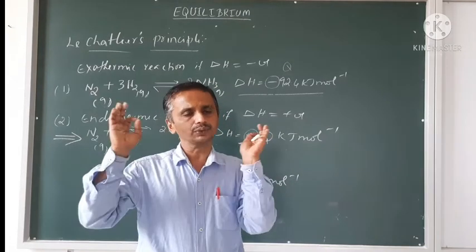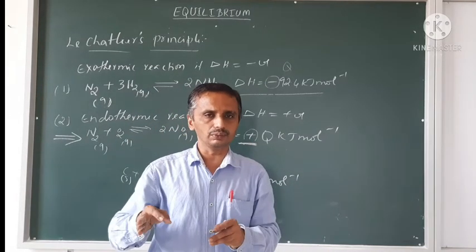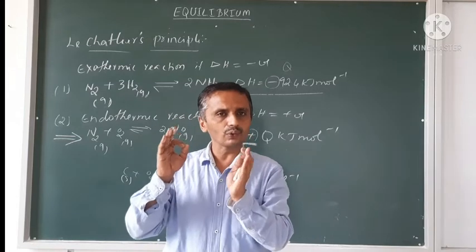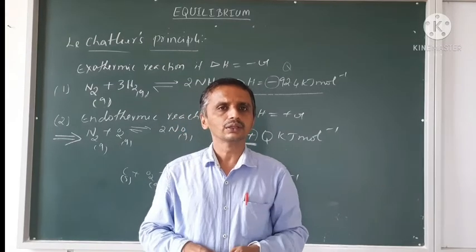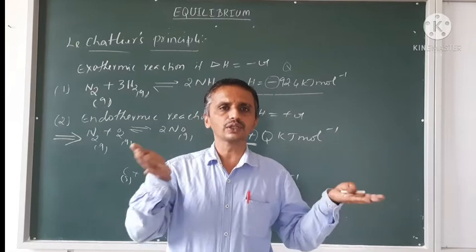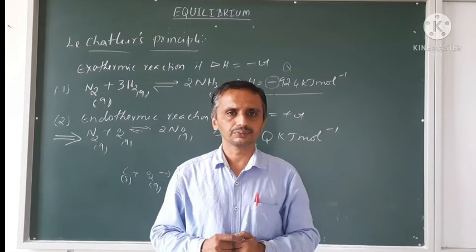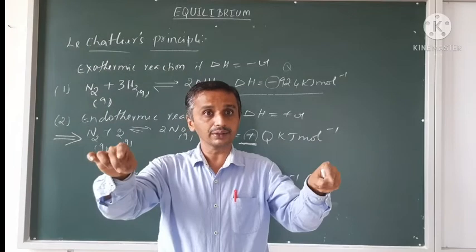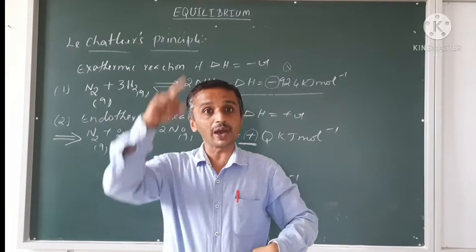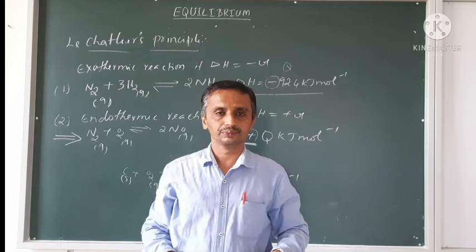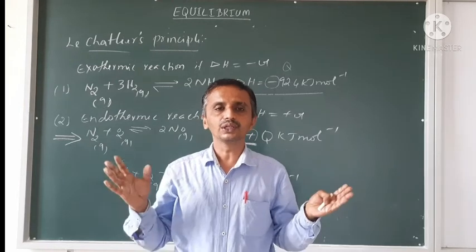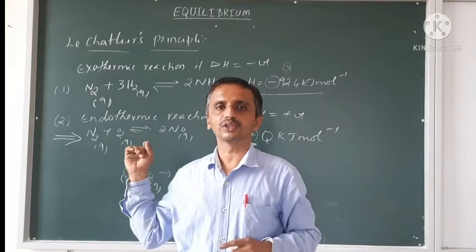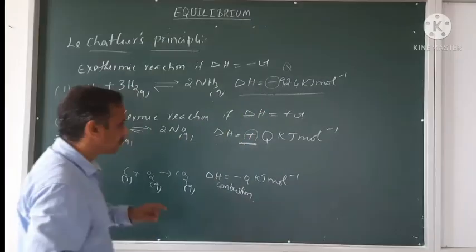Or they may give 1 endothermic reaction, 3 exothermic reactions, among these which is the endothermic reaction. Or they may give 1 reaction which is endothermic, then they say among these which matches the given one. So different questions can come from this also.